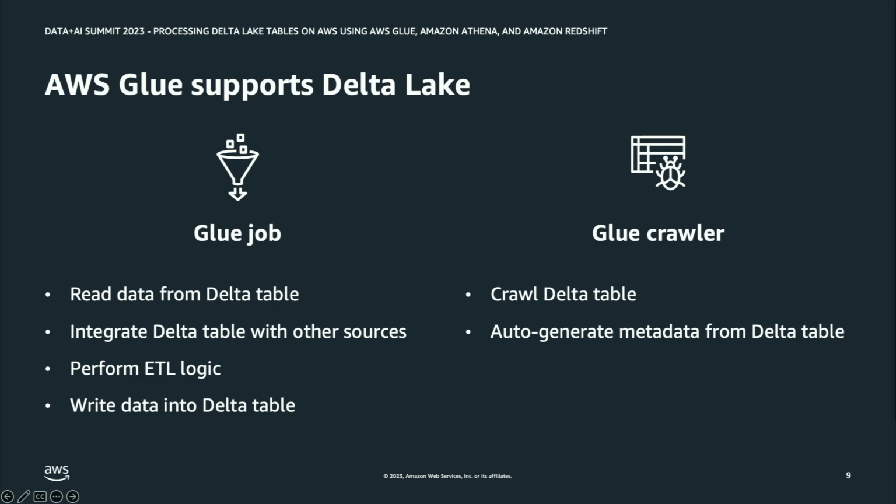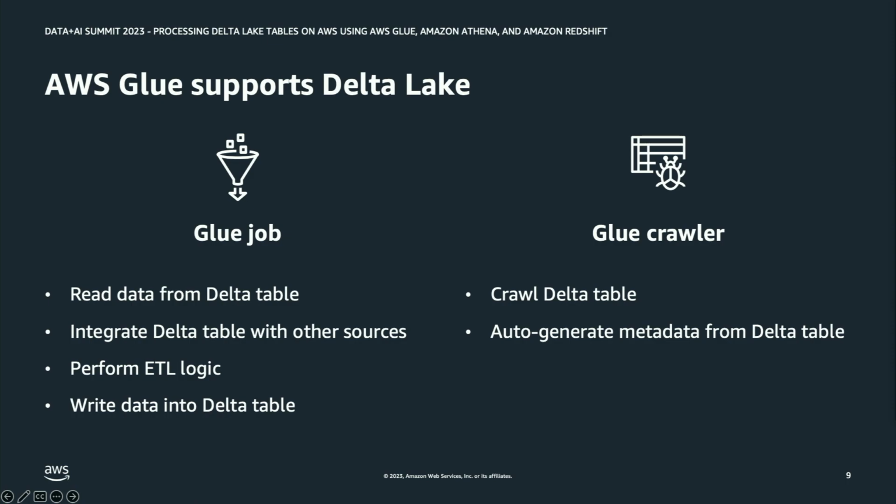In terms of Delta Lake, Glue jobs can read data from a Delta table, which is stored on Amazon S3. On Glue jobs, you can integrate Delta table data with other data sources. For example, you can join data on a Delta table with a DynamoDB table, RDS SQL Server, MongoDB Atlas table, and many other data sources.